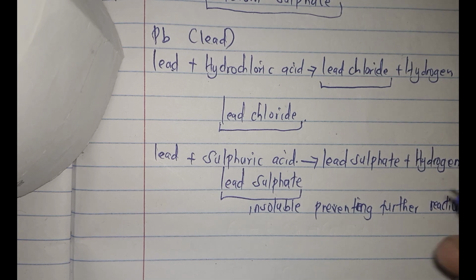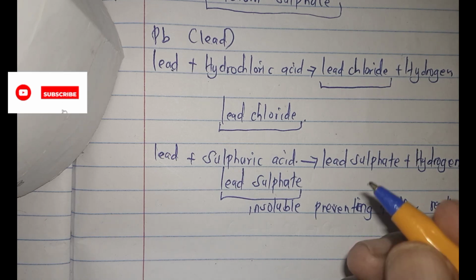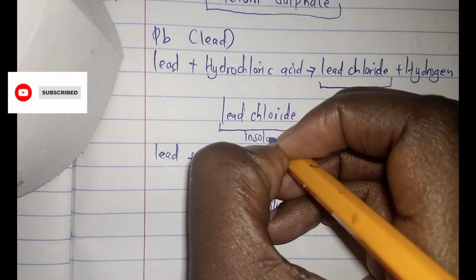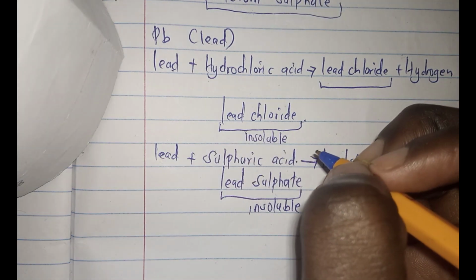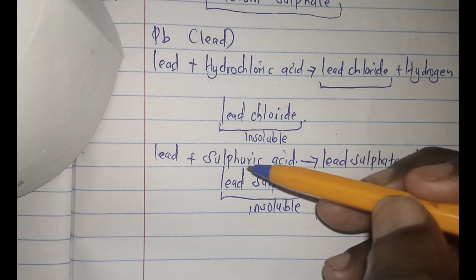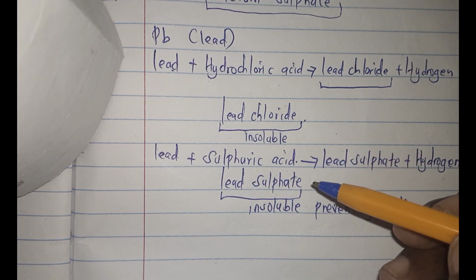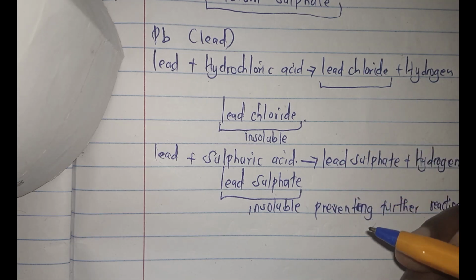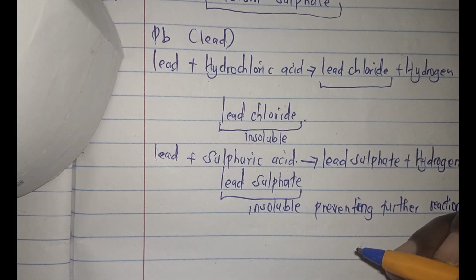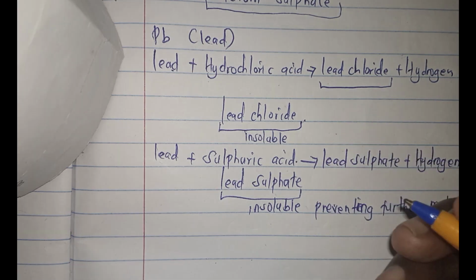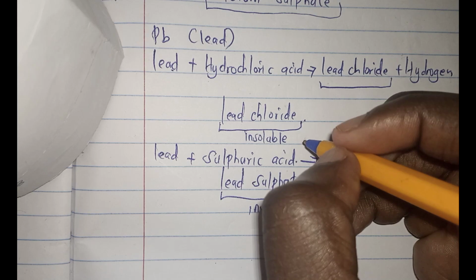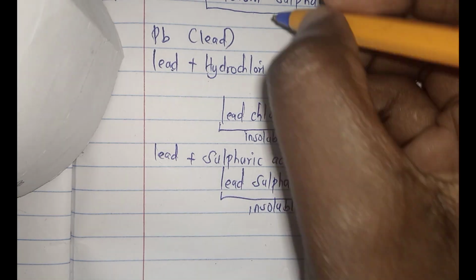Remember, lead in the reactivity series is down below. It is down, so that means it's not that reactive. It is not reactive at all. So for the lead metal, reacting it with hydrochloric acid and sulfuric acid, for both the reaction will be slow and might eventually stop, due to the formation of an insoluble salt, that is lead chloride or lead sulfate, which coats the metal, making the reaction slow or stop.